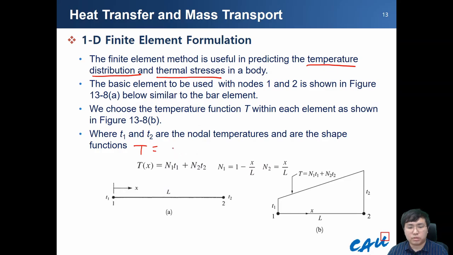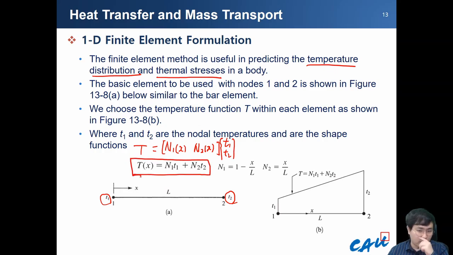However, we say that this N1 is a function of x, and then at each nodal point the displacement can be replaced by the temperature. So this is our assumption of the shape function or interpolation function.